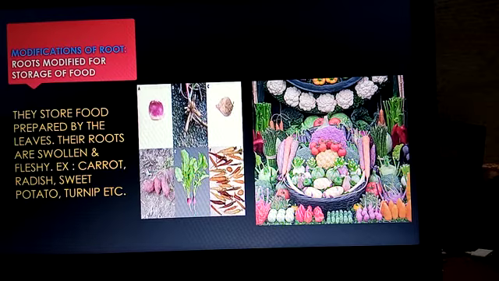Examples of these roots are carrot, radish, sweet potato, turnip, etc. Here are the pictures of some of the roots which store food prepared by the leaves. That is the first modification.